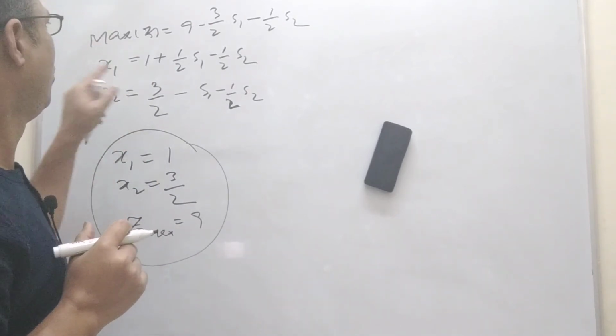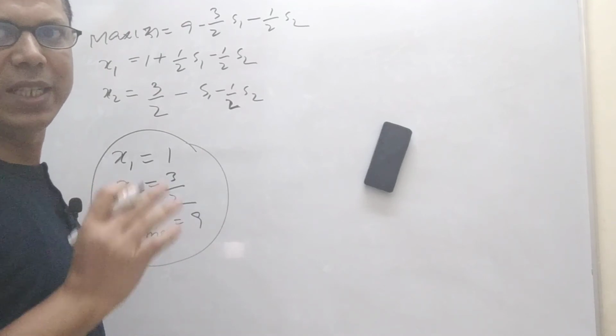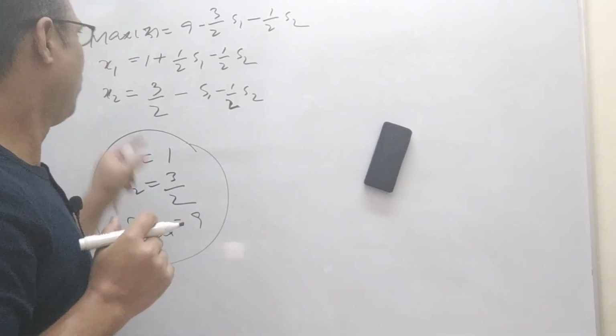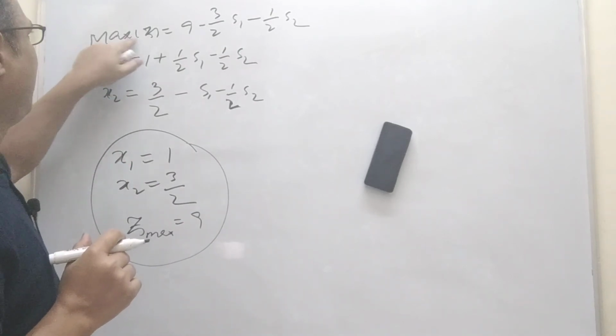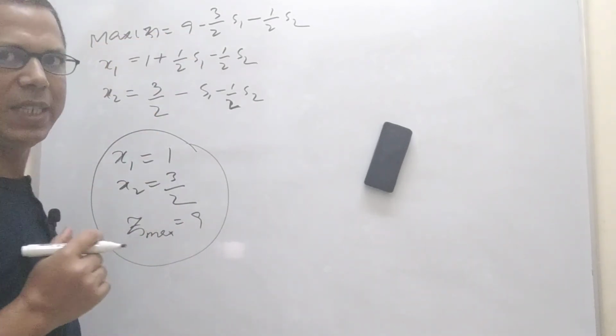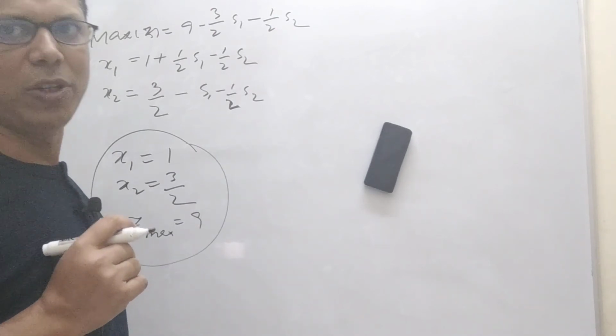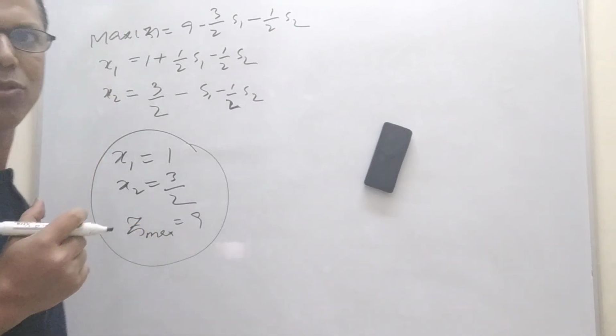So there is no need to check the constraints, and you can stop and write the solution directly. x1 is 1, x2 is 3 by 2, and the maximum we get is 9. We can write the solution in this way.